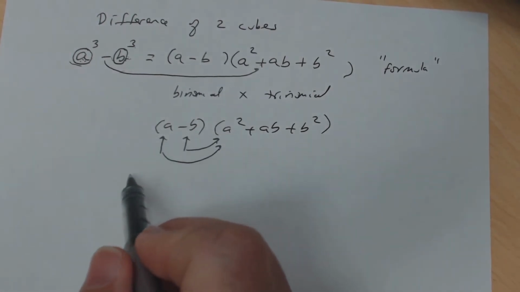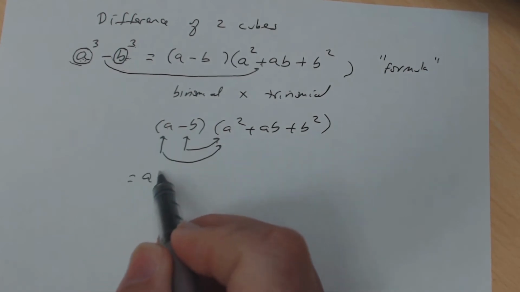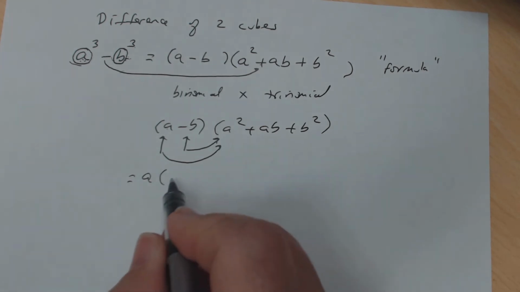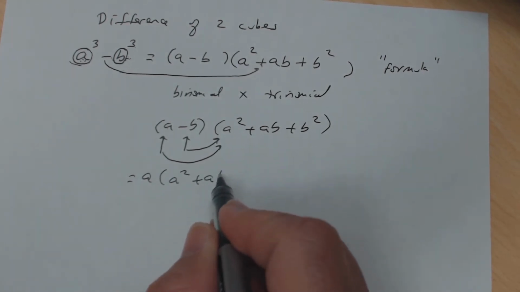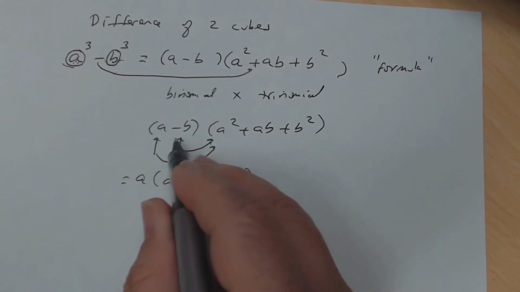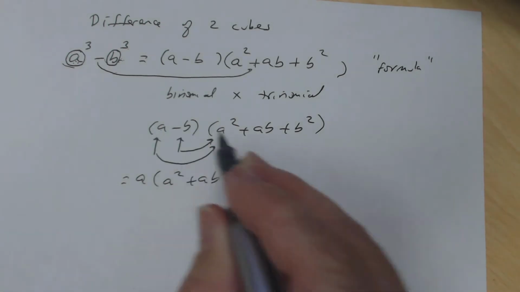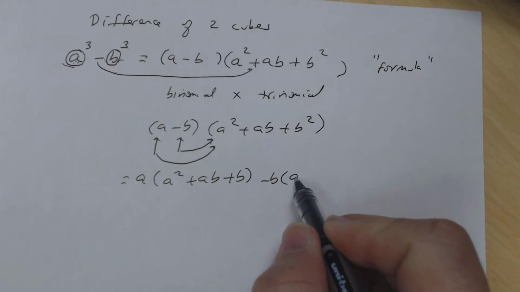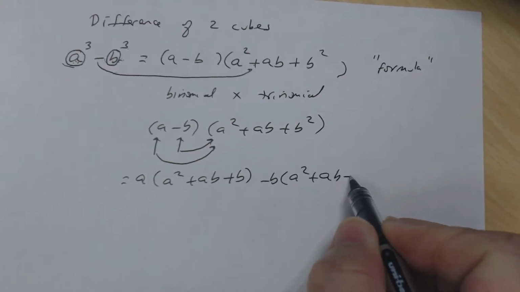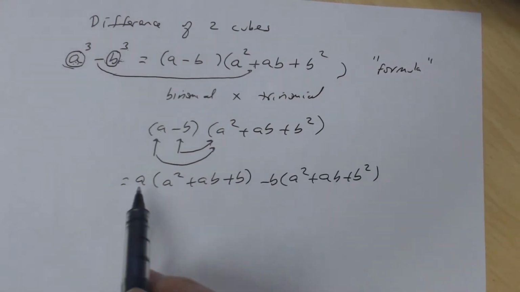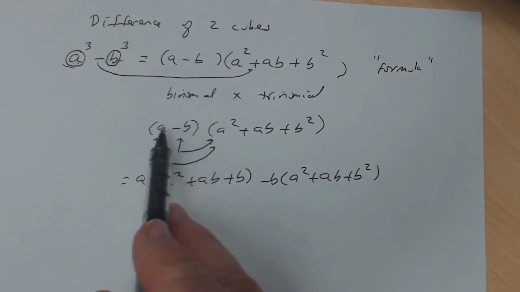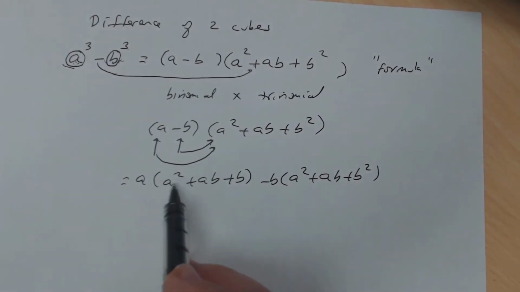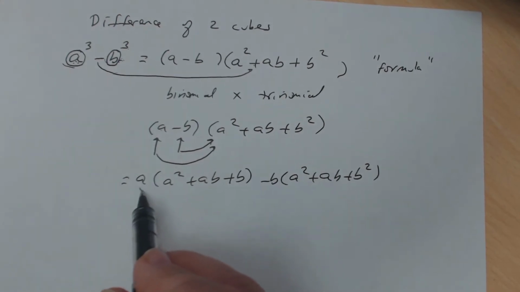So in other words, the next step would be a times this trinomial, minus b times this polynomial. So we took each term of the first polynomial and multiplied it by the second, and then to get rid of the parentheses, we're going to use the distributive property.